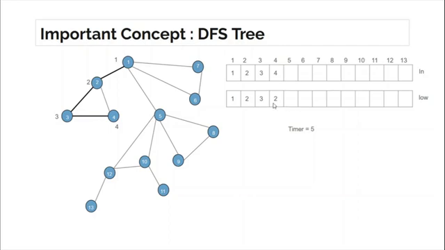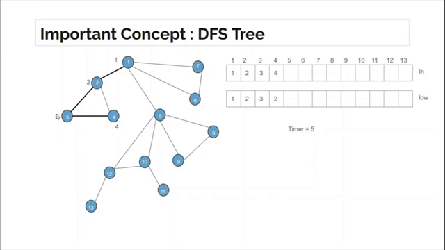So the low time of node 4 is 2, which means it is connected to an ancestor, and hence even if you remove this node, this subtree is still connected. So this vertex cannot be an articulation point, because even if you remove it, the other subtree is still connected.